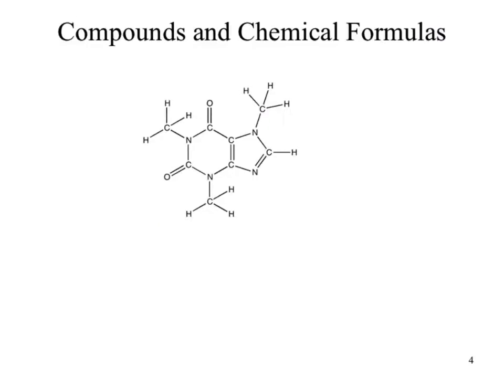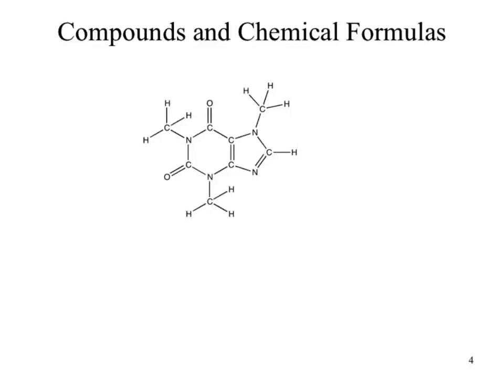Compounds and chemical formulas. Guess what we have here? It is a compound that involves what elements? Carbon, hydrogen, nitrogen, oxygen. Anybody recognize it? It's not air. It's not alcohol.